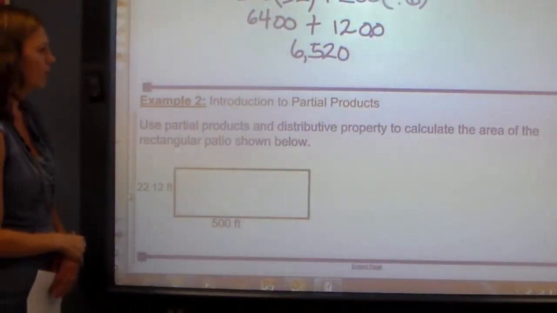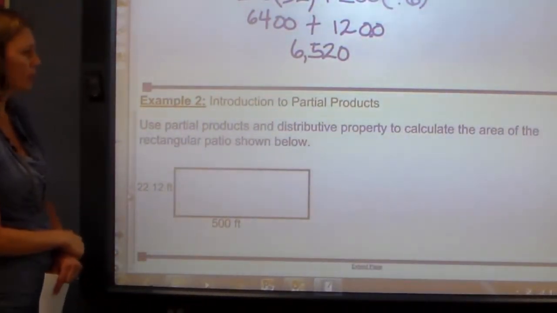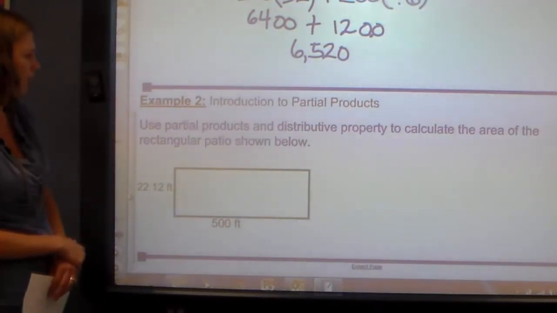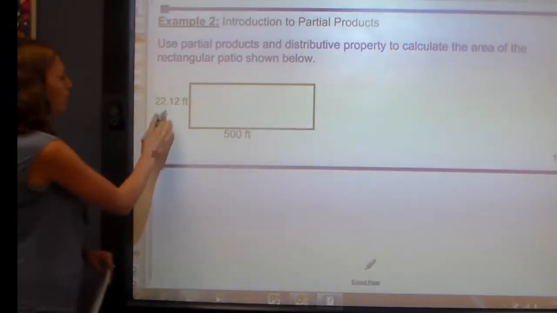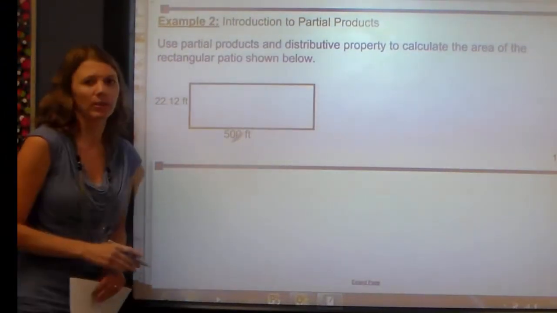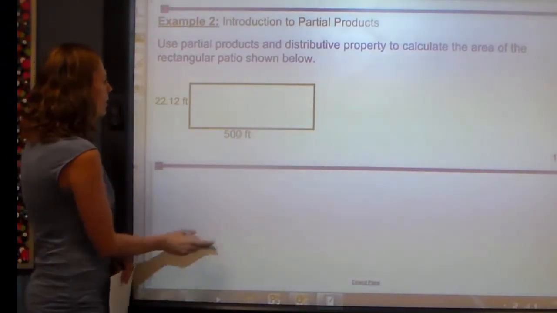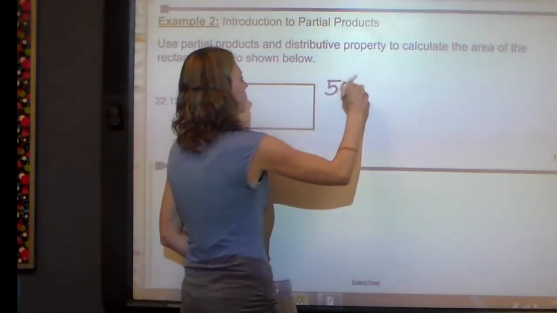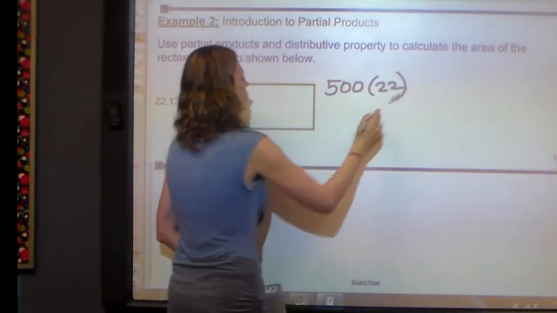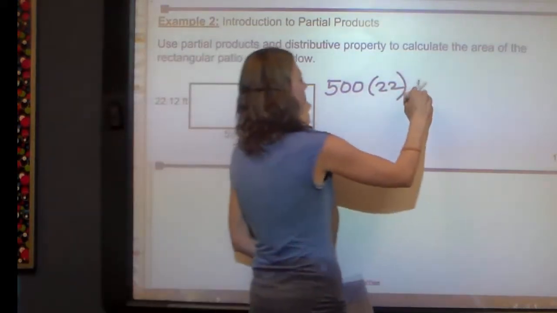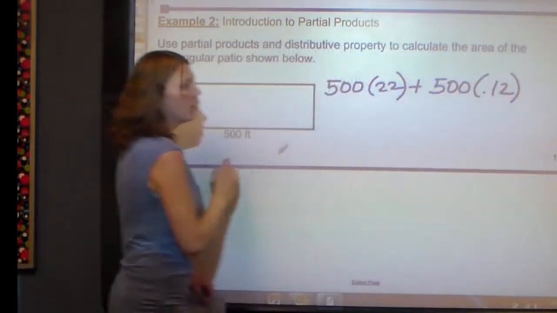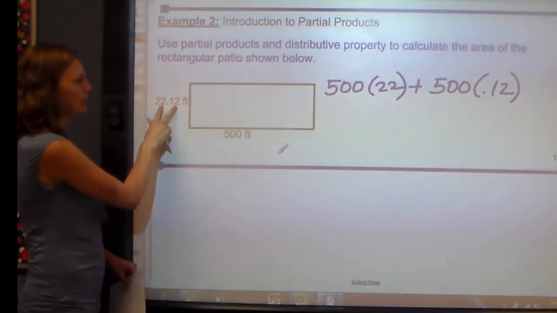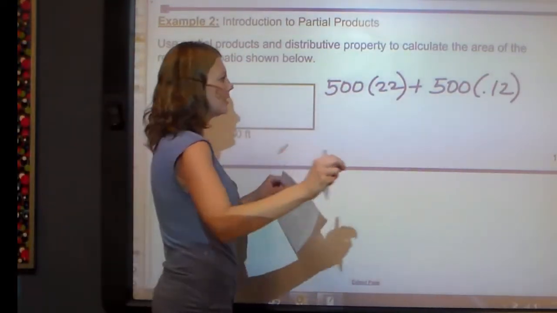Example 2, introduction to partial products. Use partial products and the distributive property to calculate the area of the rectangular patio shown below. Again, here are the same values that we had on the second problem above. So I'm going to have 500 multiplied by 22, and I'm also going to have 500 multiplied by 12 hundredths. So again, I'm taking this number and separating it.